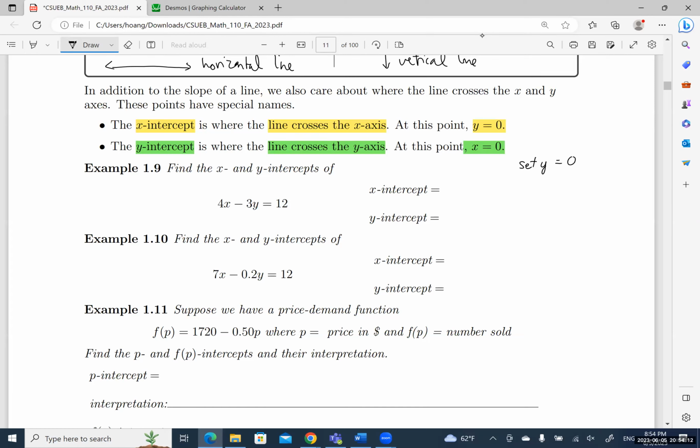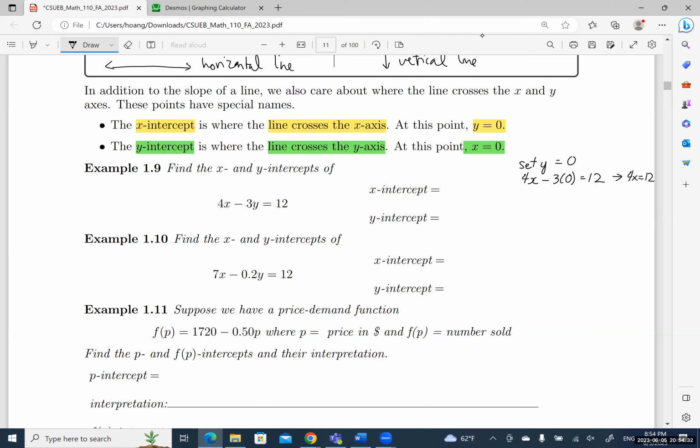What happens when you have y equals 0? You're going to have 4x minus 3 times 0 equal to 12. So that means you have 4x equal to 12.